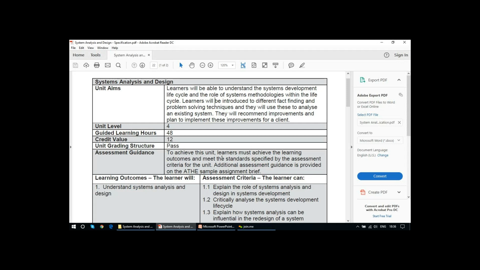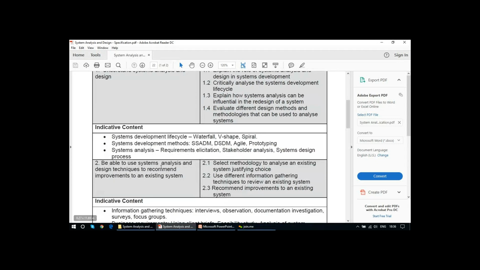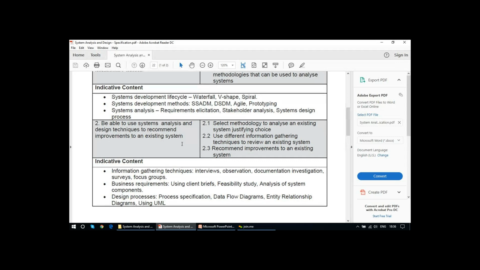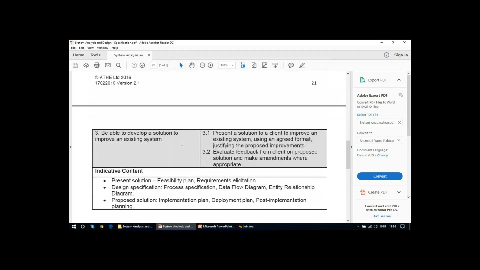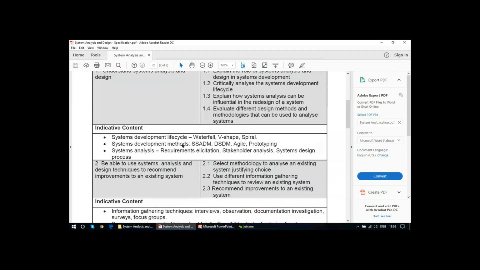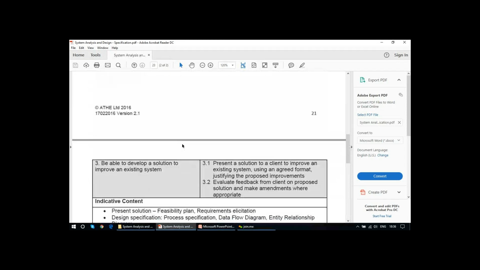So this unit is purely related with system analysis and design. Learning outcome one is to understand system analysis and design, two is to be able to use systems analysis and design techniques to recommend improvements to an existing system, and the third is to develop a solution to improve an existing system. So before I start, do you have any idea of system analysis and design?